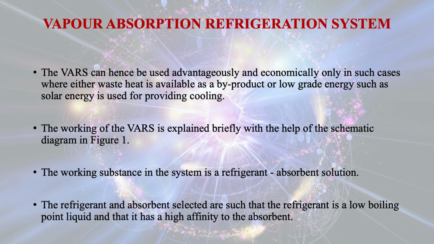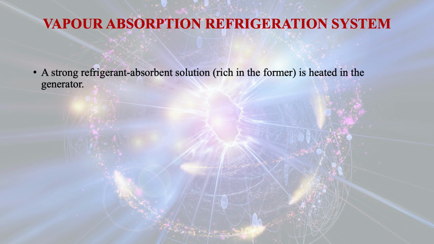The refrigerant and absorbent selected are such that the refrigerant is a low boiling point liquid and that it has a high affinity to the absorbent. A strong refrigerant absorbent solution, that is rich in the former, is heated in the generator.